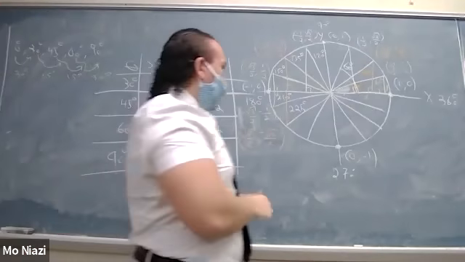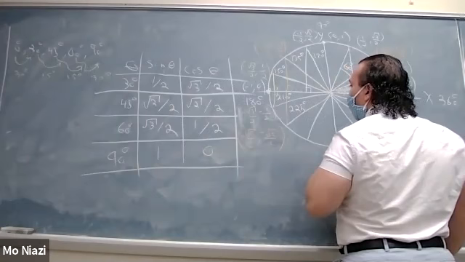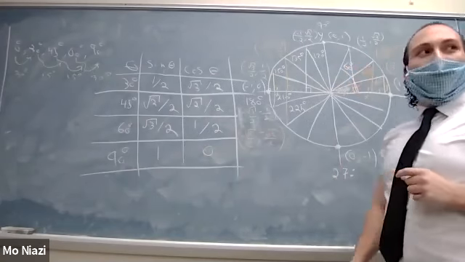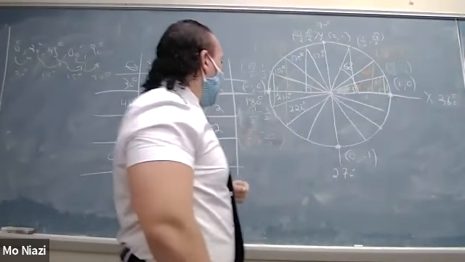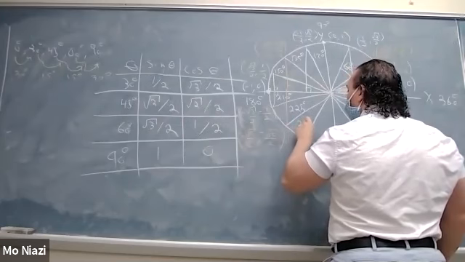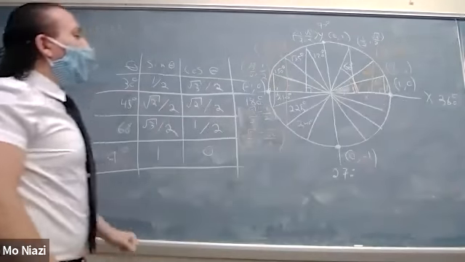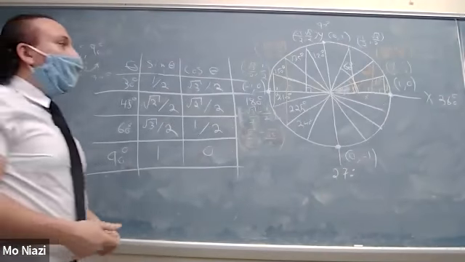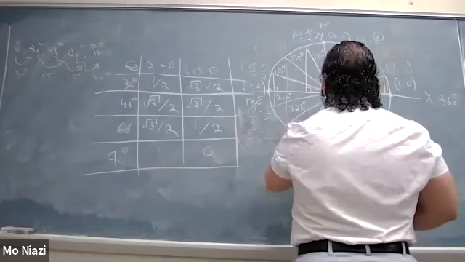Okay, what's the next angle? 240. And what are the associated sine and cosine values at 240?